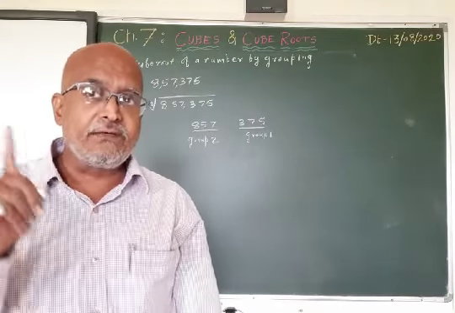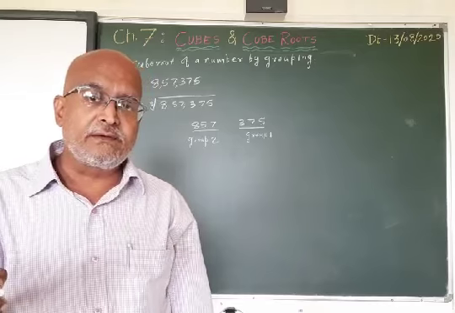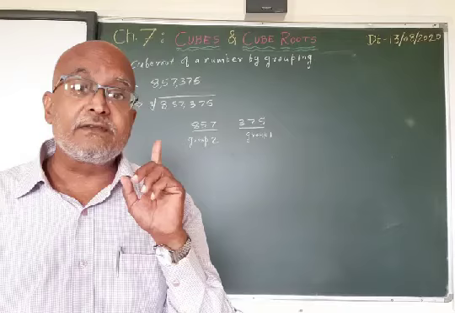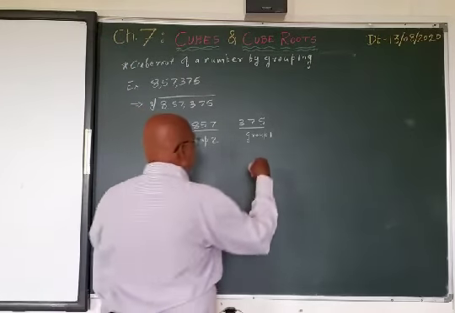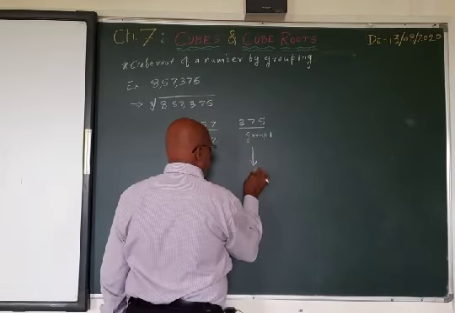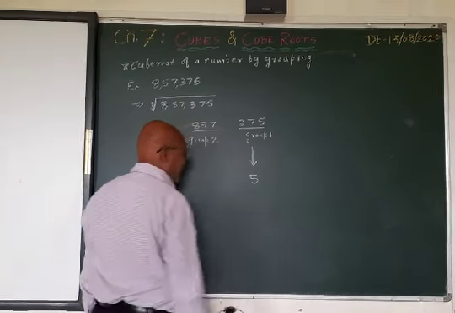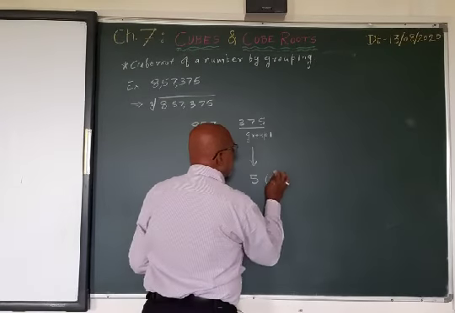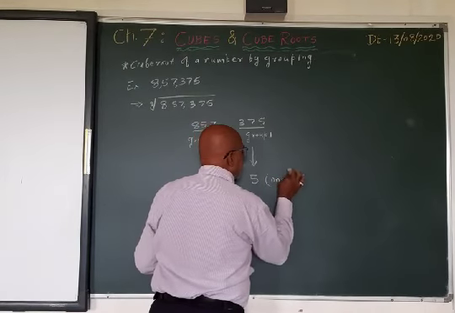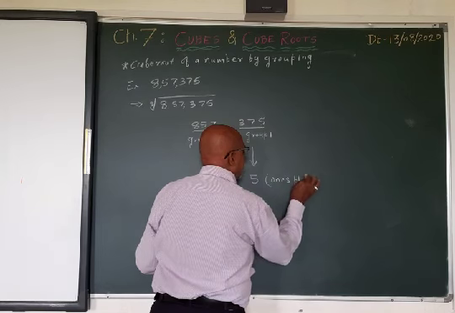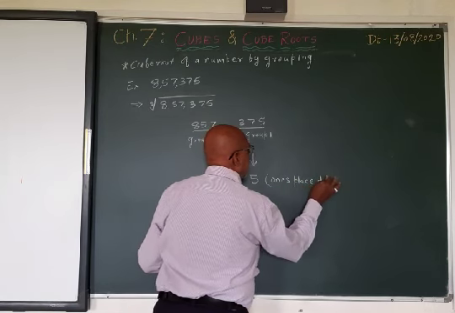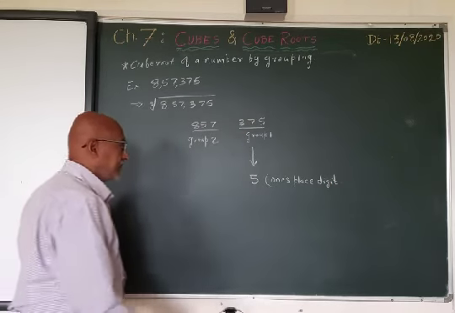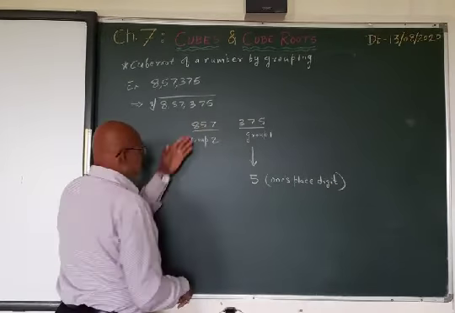The number which has 5 at the units place, the cube of that number will have 5 at the units place. So from this group we get 5 as the ones place digit.